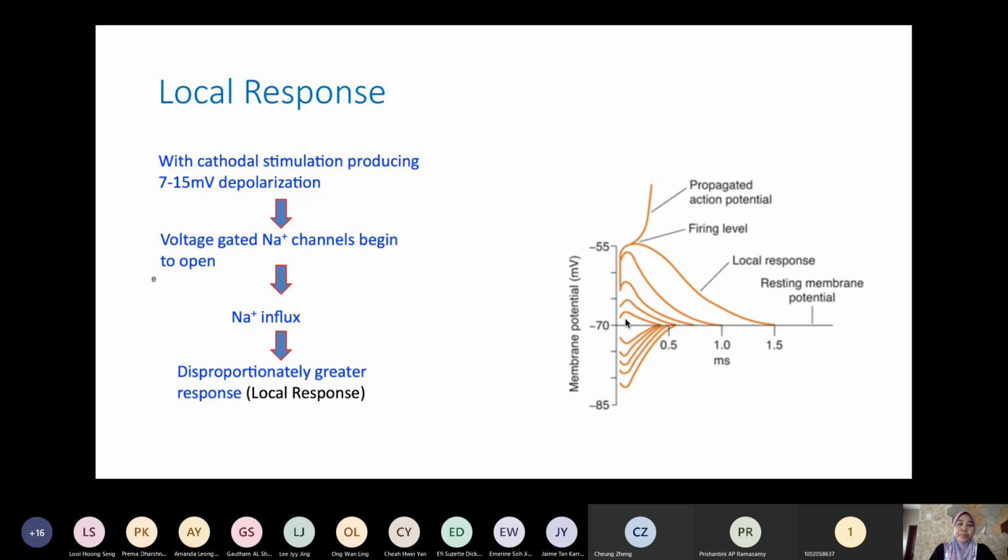Alright, so when we give the cells the cathode, up to 7 to 15 millivolt depolarization, the voltage gated sodium channels will start to open. Okay, while we give only 7 millivolt, we just trigger or give a stimulus to the nerve tissue. But once the nerve tissue has been excited, it can activate the sodium channel.